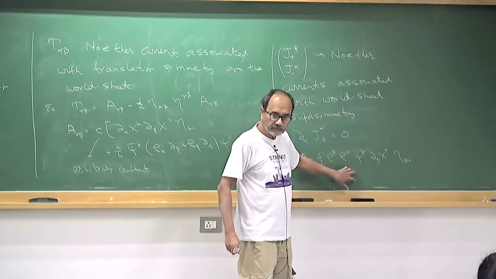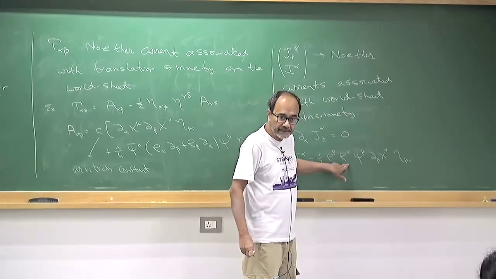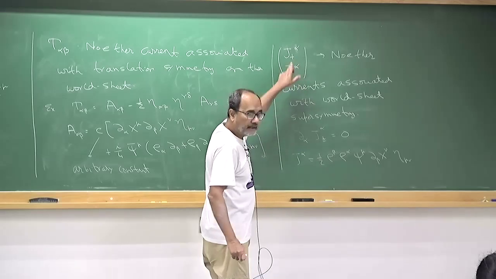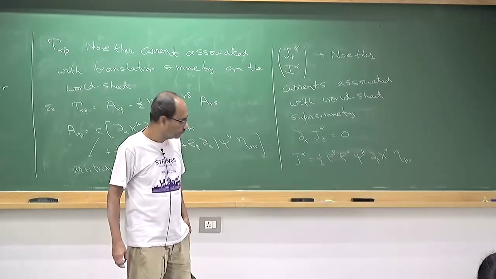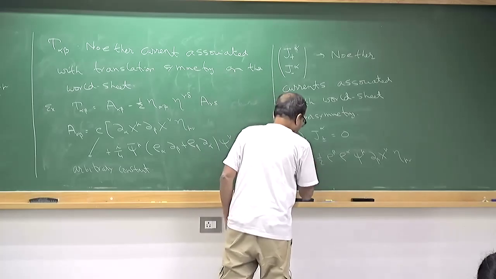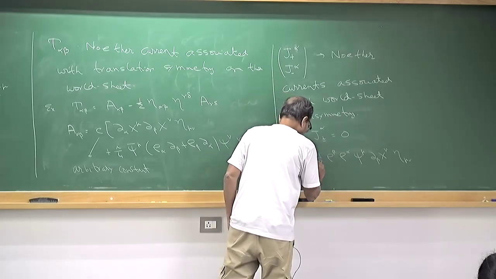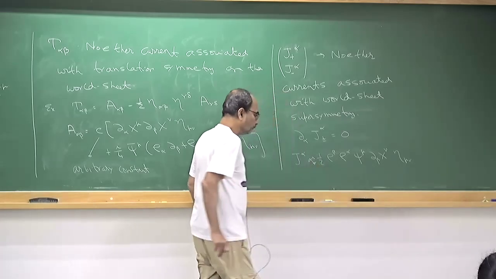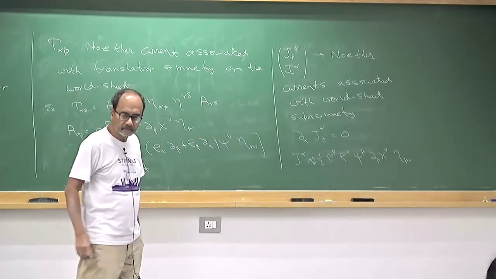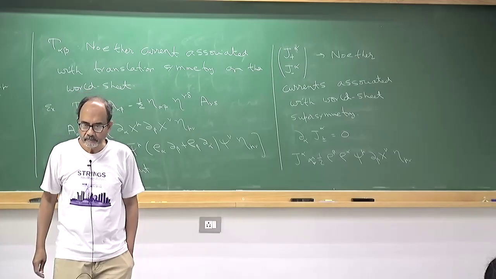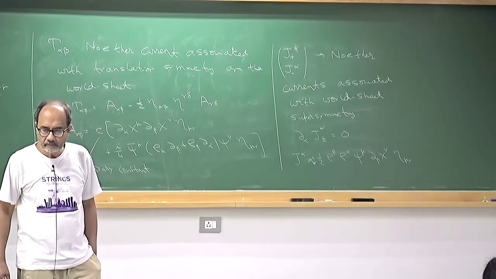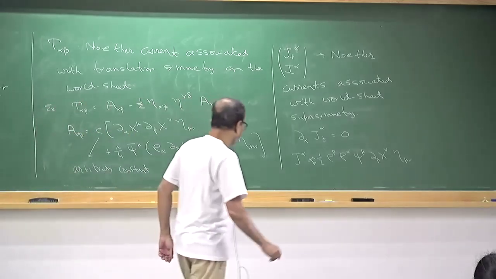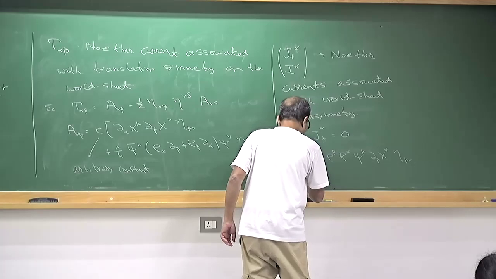So when you apply these gamma matrices on the two component spinor, you get a two component object. Those are the upper and lower components. And again, this should be a proportionality constant because overall normalization is not fixed. J is proportional to, yeah, proportional to.